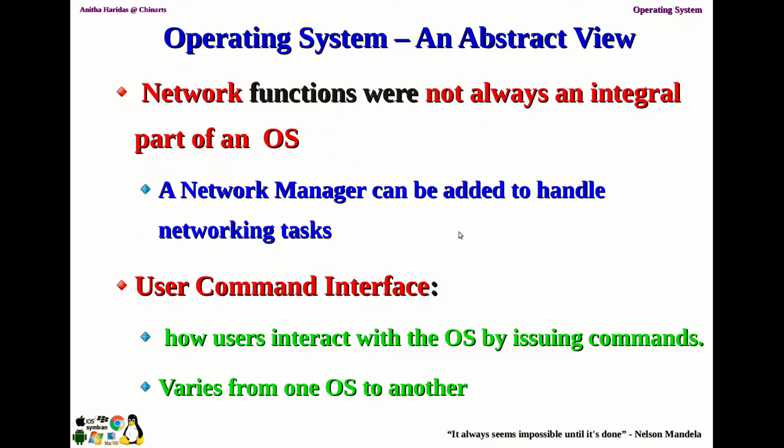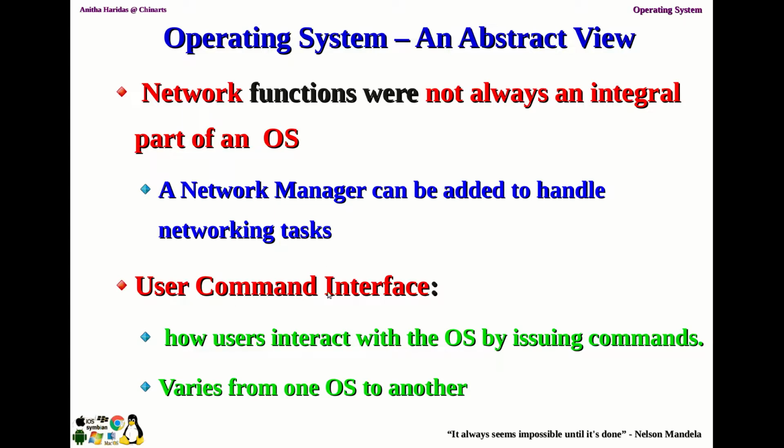Apart from those managers, if you have network functions, that can also be made a part of an operating system, though it is not an integral part of the operating system. So the network manager can be added to handle the networking task. This can be another manager which is running not on the bottom layer, but at a layer above.